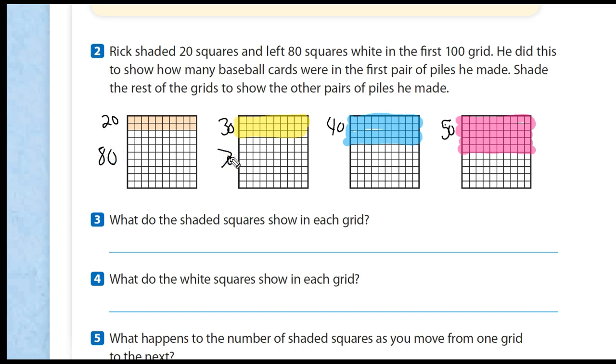If he has 40, how many are not shaded in? 60 total, right? And then here, how many are not shaded in? How many altogether, though? 50, right? 50 with 5 rows. Yes, but how many squares are not shaded in? 50 of them.